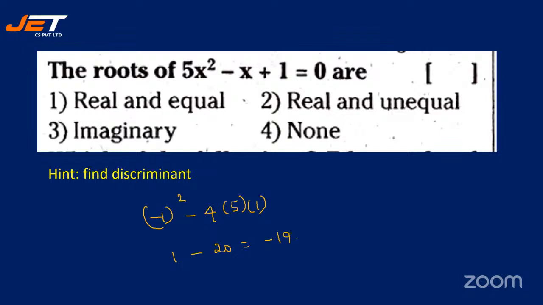So what do you say? When the discriminant is greater than 0, it is real and unequal. If it is equal to 0, it is real and equal. But here it is less than 0, so it is imaginary. Okay, so it should be imaginary and complex. See, option 3 is the correct one.